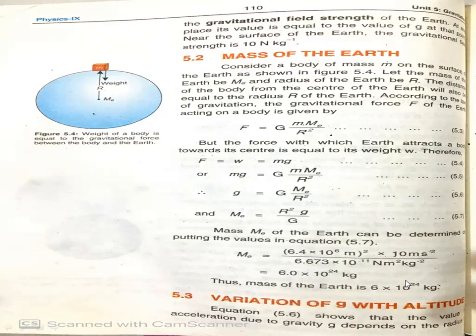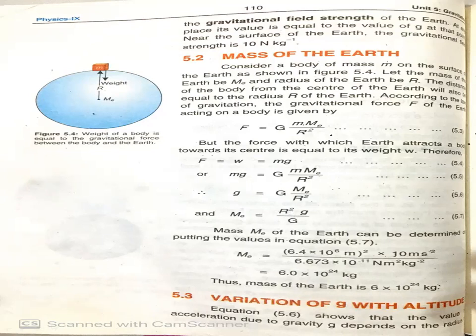Since this is a positive power, there will be 24 zeros after the 6. It means the mass of the earth is very, very big.